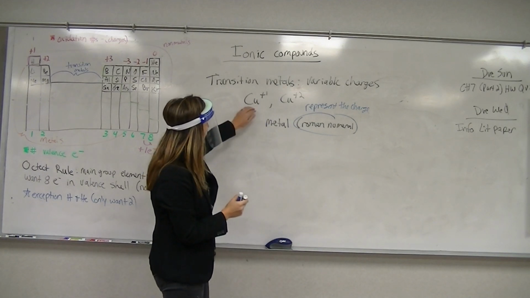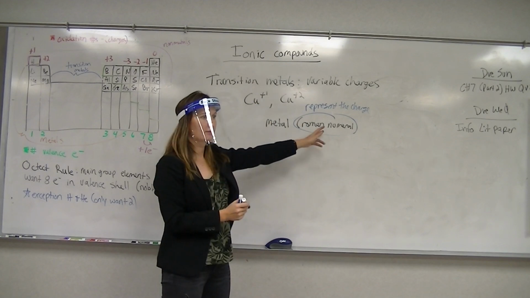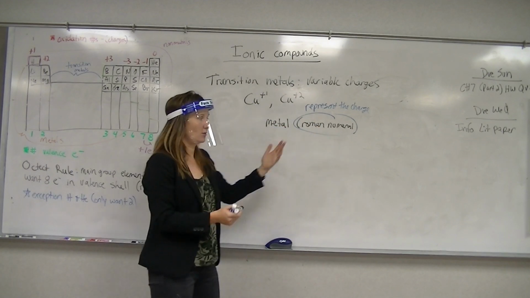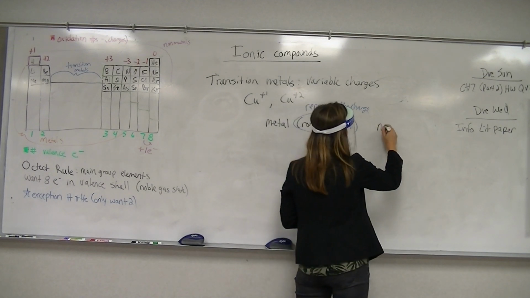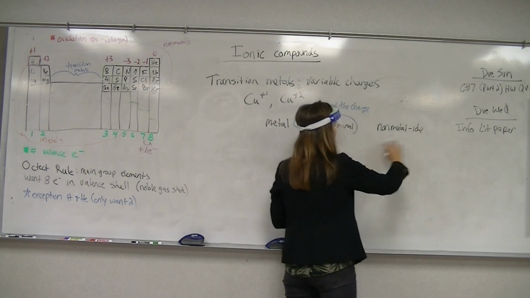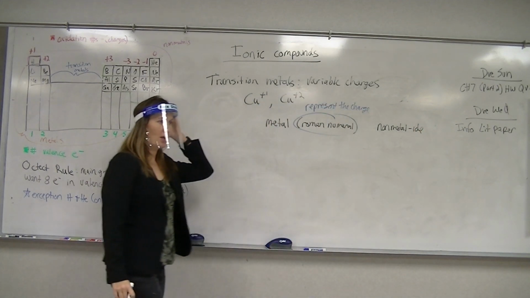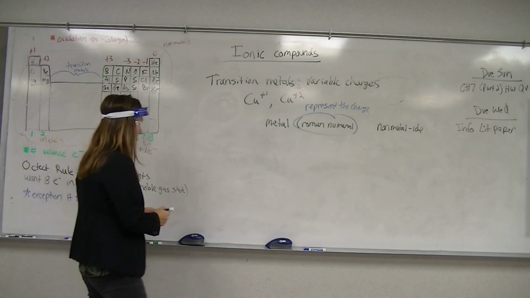So if I'm talking about the copper +1 ion, I'm going to put a Roman numeral 1. Copper 2, Roman numeral 2. Okay? The non-metal portion is remaining the same. If it's a non-metal, we're going to add an IDE ending. If it's a polyatomic, we're going to write it straight off the polyatomic table. Okay, so that part's not changing, it's only adding this Roman numeral.